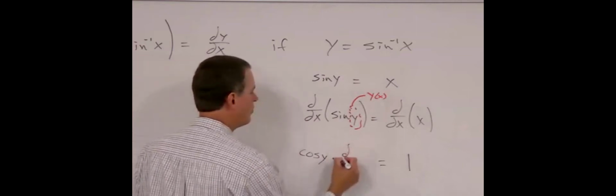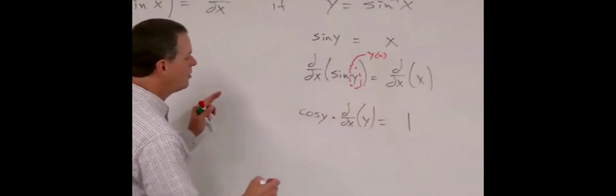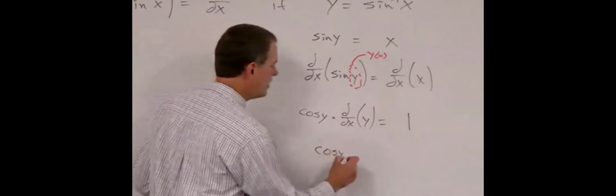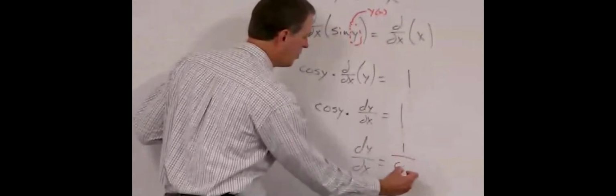So I have to do a chain rule derivative with respect to x of y. We've done that implicit differentiation before. So this becomes cosine of y times dy over dx equals 1, so dy over dx equals 1 over the cosine of y.